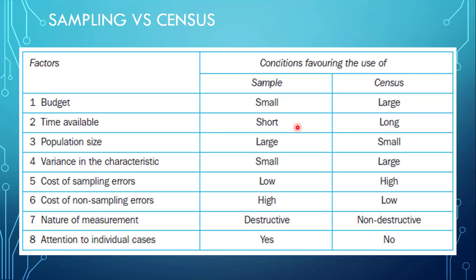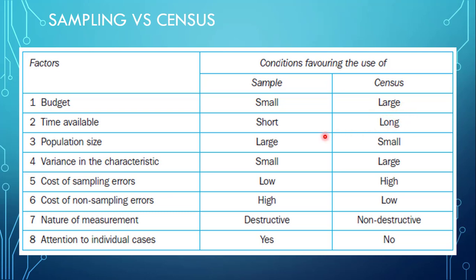Let's see one example to make these two a little bit clear. So assume there are 2 million customers in the market, in the industry, that consume a certain product. So if you are going to gather data from those 2 million customers, then you need a large sum of money and you need a longer period of time.